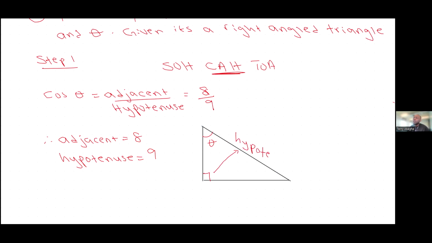All right. Now, this side that is directly opposite the theta is going to be the opposite. And the remaining side is going to be the adjacent. Okay. Now, we're already told that the adjacent was 8. So that means this here is 8. And we're told that the hypotenuse was 9. Hypotenuse was 9. Are you seeing it?